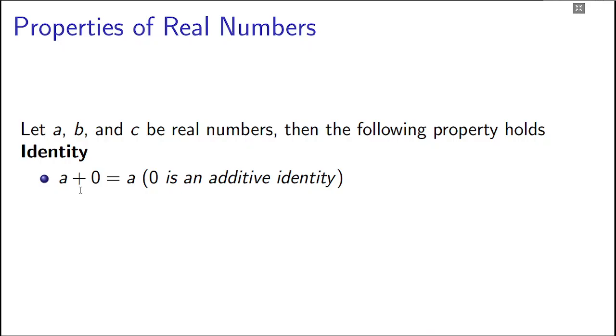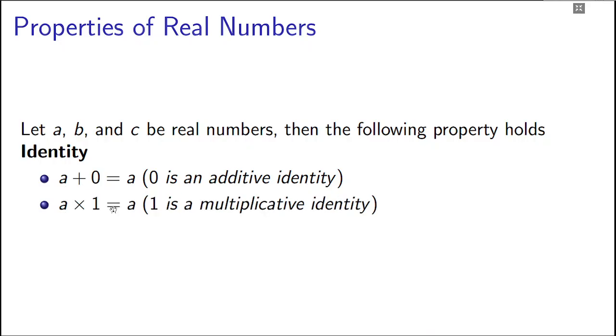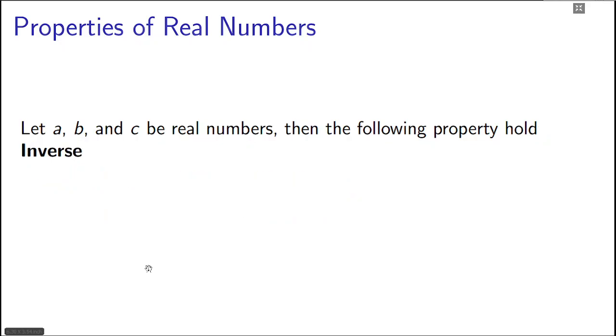What that means is that when we add 0 to a number, that number is unchanged. It remains as it is. So a plus 0 is a. Next we have multiplicative identity. This is unique, which is the number 1. Now, when we say a times 1, we still get a. So these two are identities in the real number system.